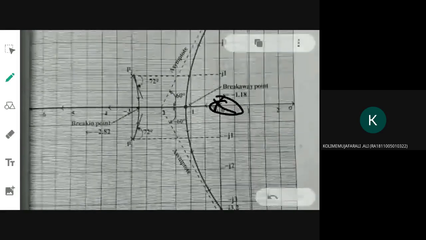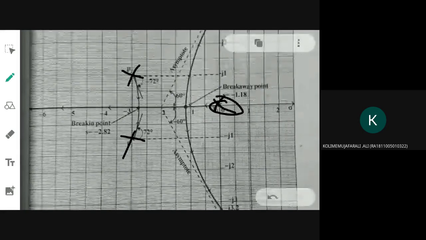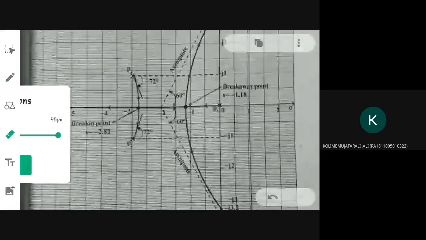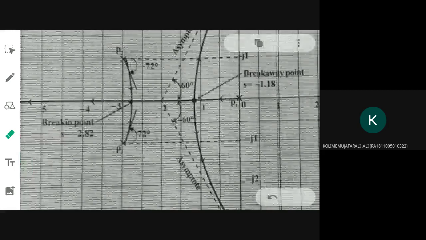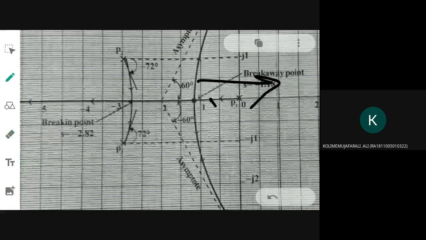Okay, that was your first step. Then identify the root locus on the real axis. How will you do that? You will locate a trial point here and count the number of poles to the side. Only one pole is located at the origin.